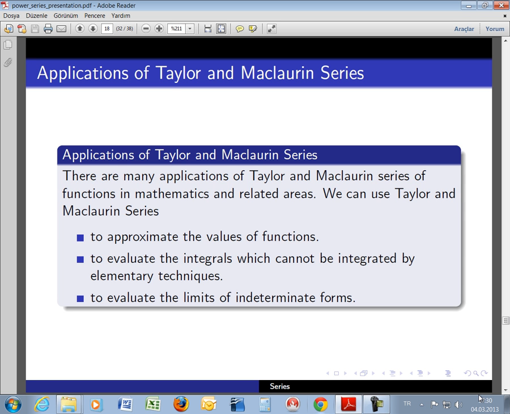There are many applications, where we may approximate the values of functions, we may evaluate integrals which cannot be integrated by elementary integration techniques, or we may evaluate some limits of indeterminate forms, which may not be easy to evaluate by the usual methods for computing limits.